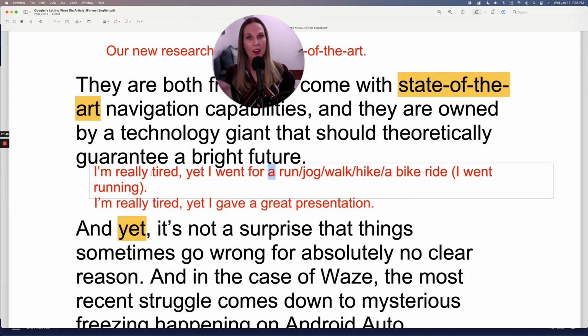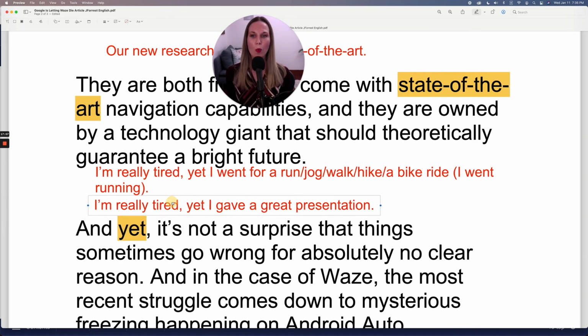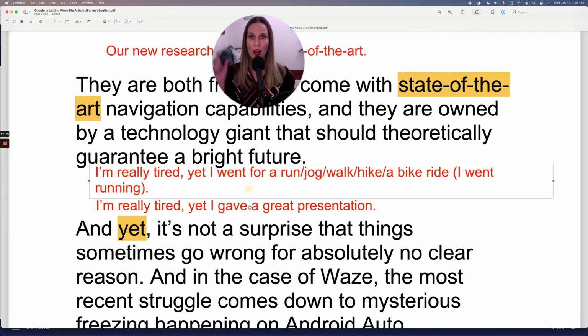I'm really tired, yet I went for a run. So you wouldn't expect me to go running if I'm tired. It's surprising. So why don't you try a contrast in the comment section? I'm really tired, yet what did you do? That's surprising that you did it when you're tired.